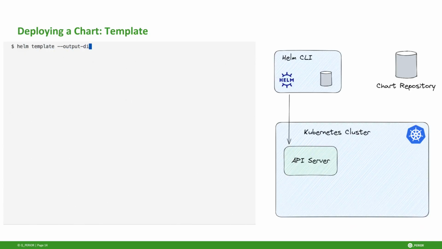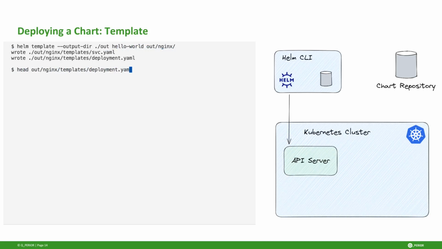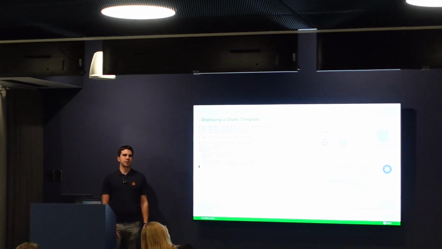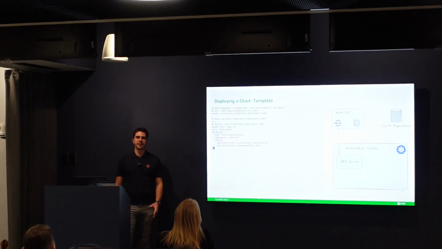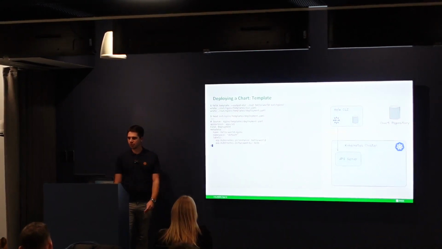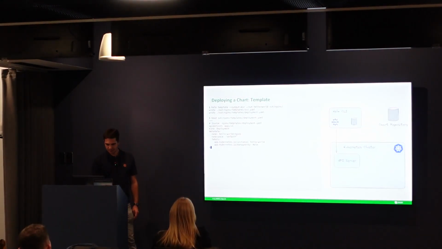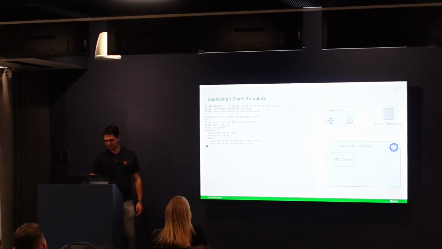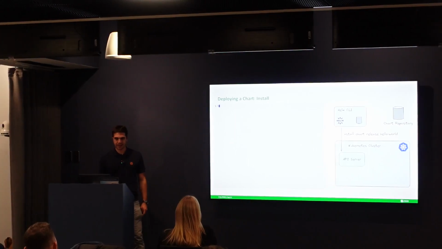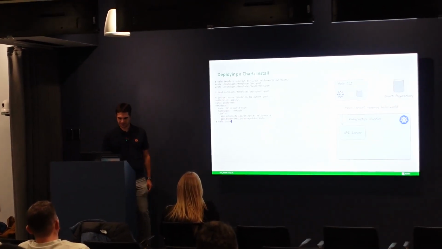Next, we can template it. With helm template, we can now template the chart, so execute the Go template syntax to come out with the applicable Kubernetes manifest. And here we see now it put in the name hello world where before the placeholder was. Next, we can now install it.